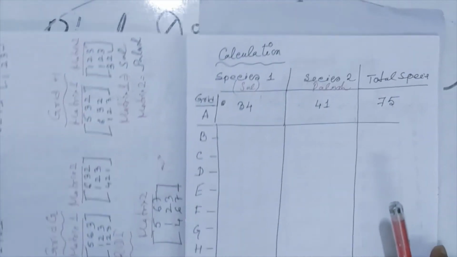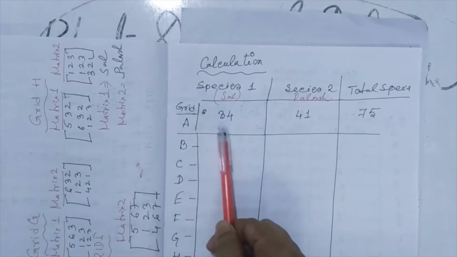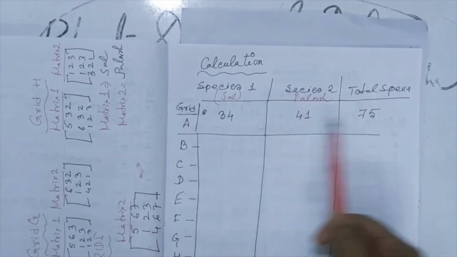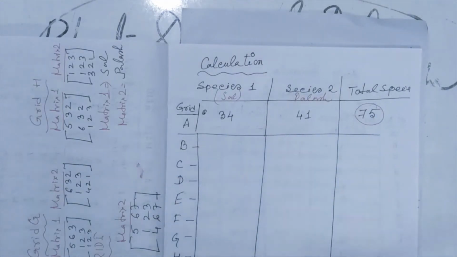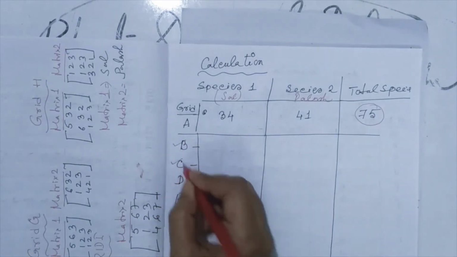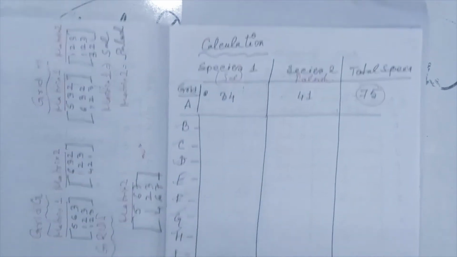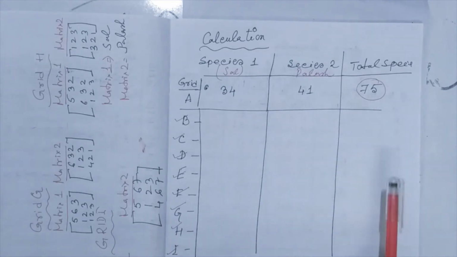For the first step, you have to calculate the species number 1 for grid number A and grid number 2, and identify the total number of species. A similar process will repeat for grid number B, C, D, E, F, G, H, I. Then you have to identify the total number of species for the study area, for your 9 grids.